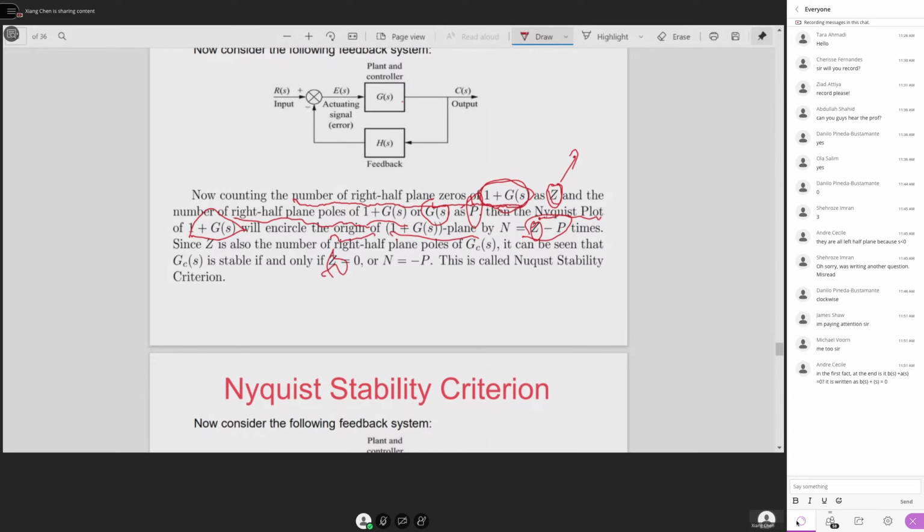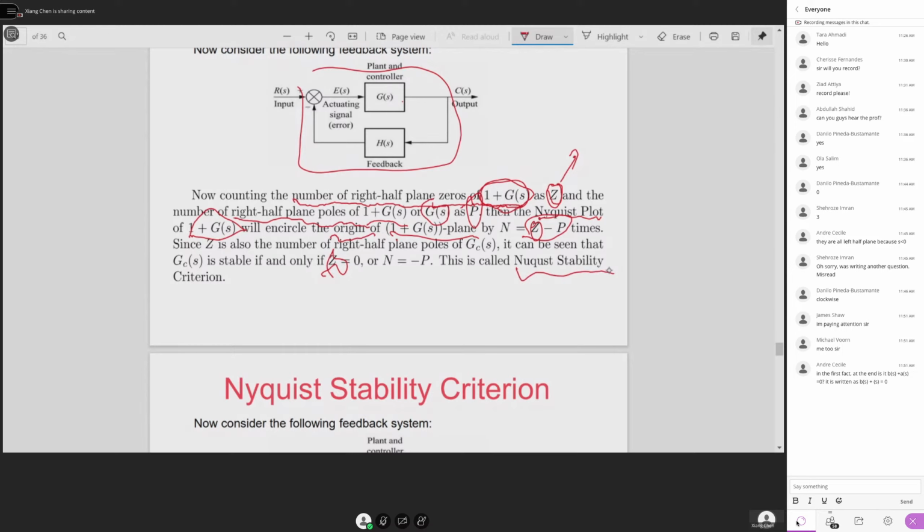This is what we learned from Control 1: when a transfer function is stable, there are no poles in the right half plane. Since Z indicates the number of right half plane poles of the closed loop system, if you want it to be stable, Z must be equal to 0.